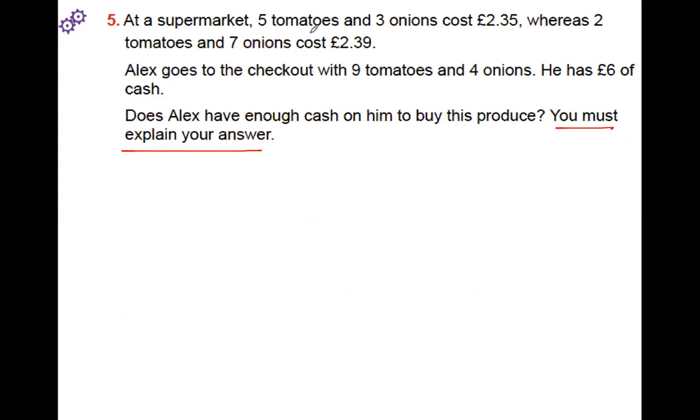You can use X for tomatoes and Y for onion, or you can use T for tomatoes. And I wouldn't advise using O for onion. I've seen people writing O and eventually, oh, that looks like a 0. And suddenly they're carrying a 0 in their equation, not knowing what they've done. So pick something that doesn't lead you into a very easy trip.